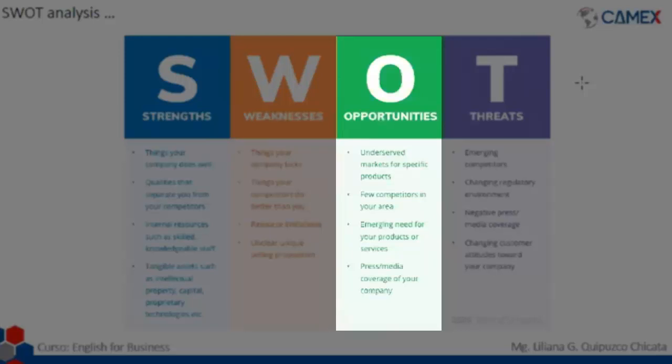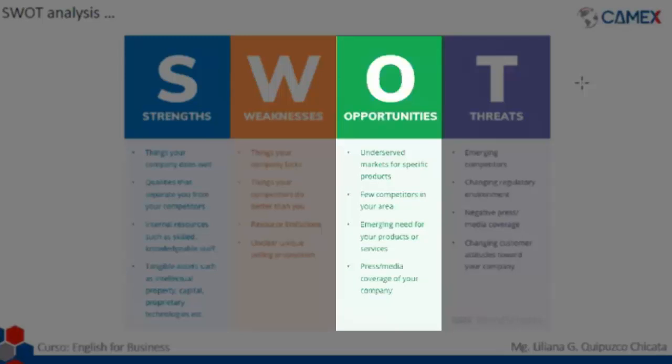Also, if we're talking about the emerging need for products, in this case for our food, it would be maybe the potential opening of a mall near our restaurant, or let's say a business building next to our restaurant. So it means that more people will come to the area because of the business building that is going to be next to us.